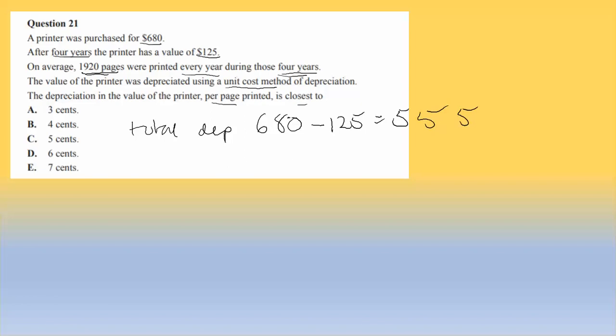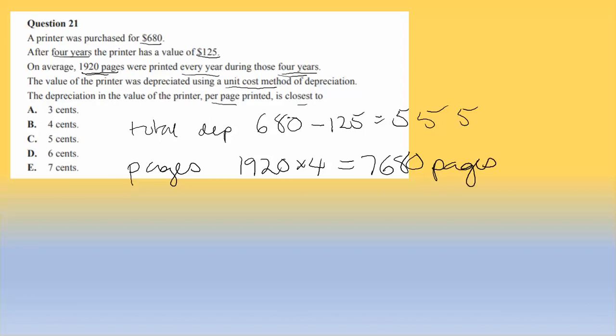How many pages were printed in 4 years? 1920 times 4 equals 7,680 pages were printed. So it depreciates $555 and 7,680 pages were printed. So what is the value of the printer per page?